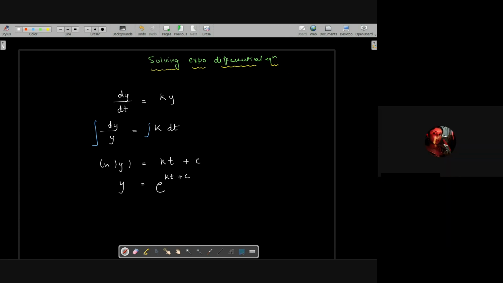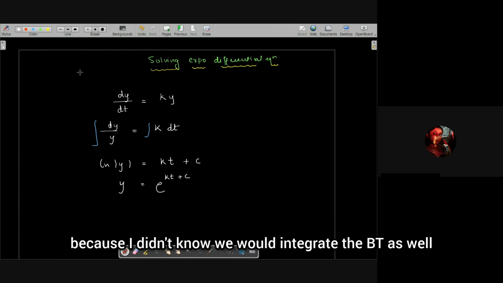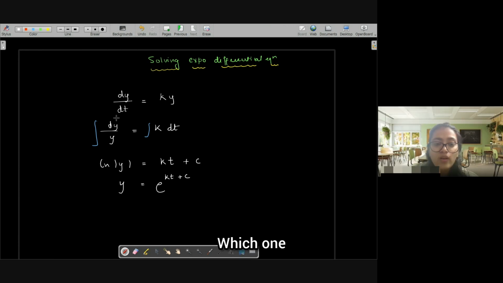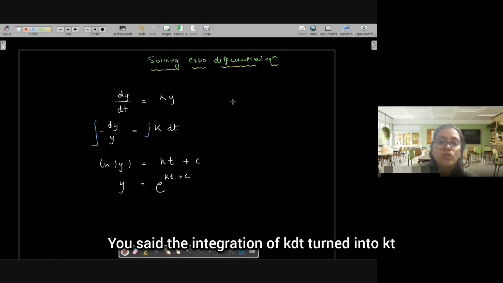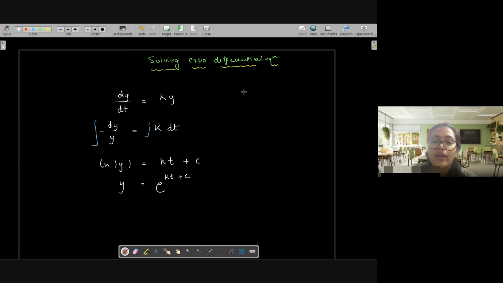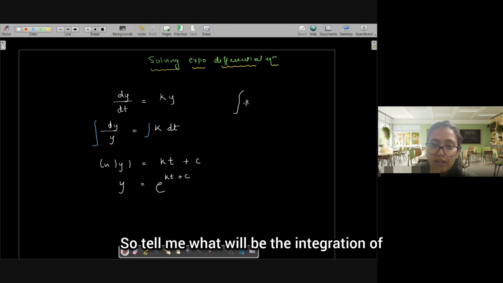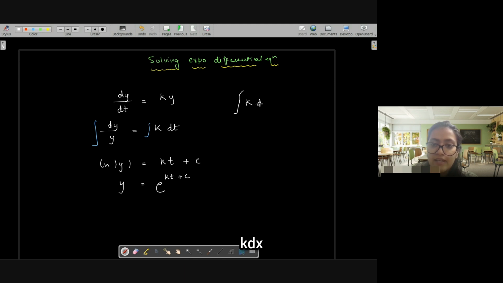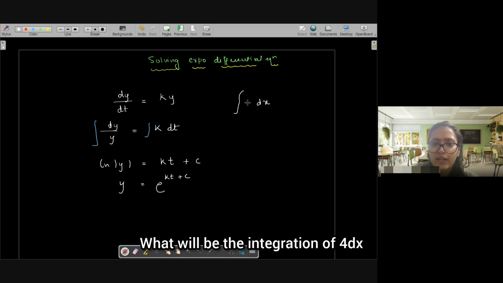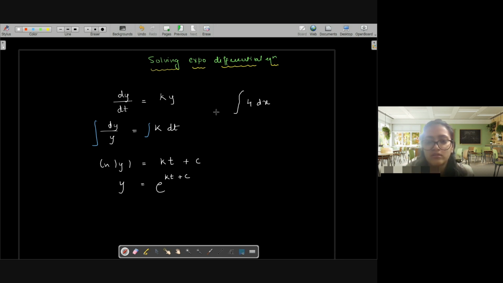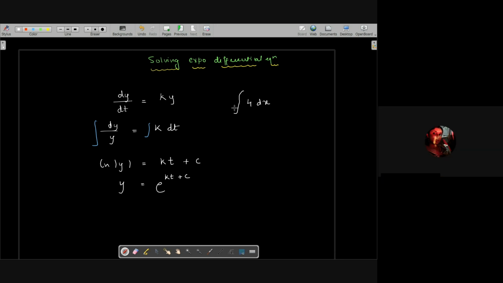Could you explain how the dt turned into t? Because I didn't know we would integrate the dt as well. You mean the integration of k dt turned into kt? So tell me what will be the integration of k dx, and making it easier, what will be the integration of 4 dx? Just 4x.